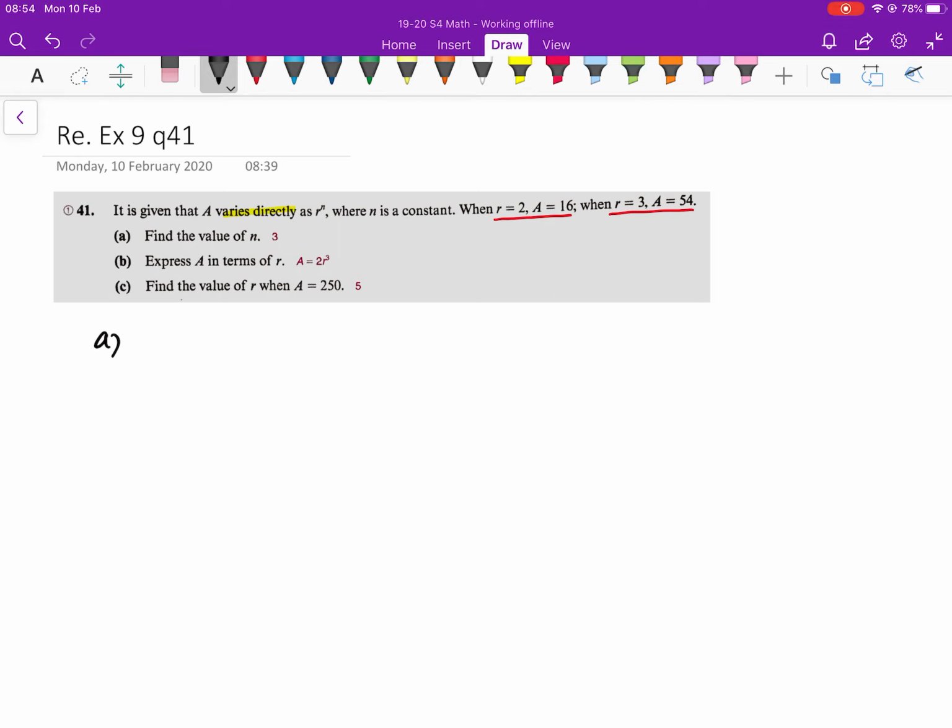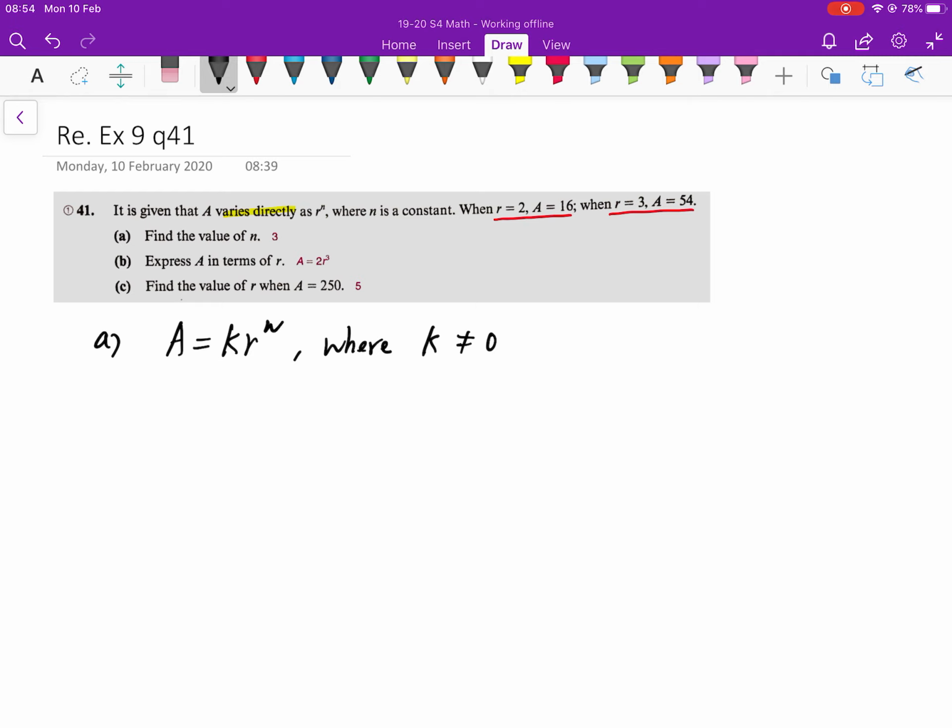For part A, it asks you to find the value of n. So our first step is to write down the equation: A equals k times r to the power n, where k doesn't equal 0.